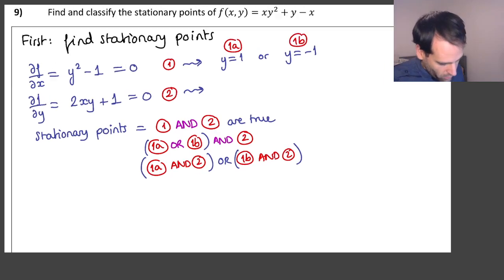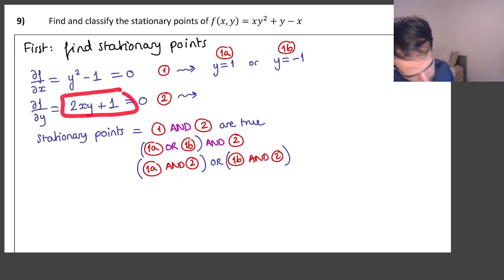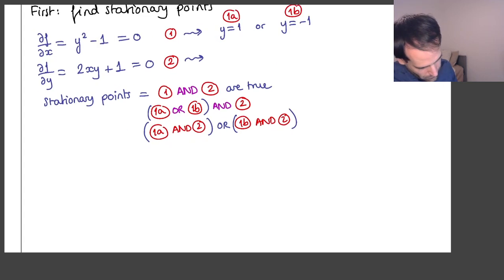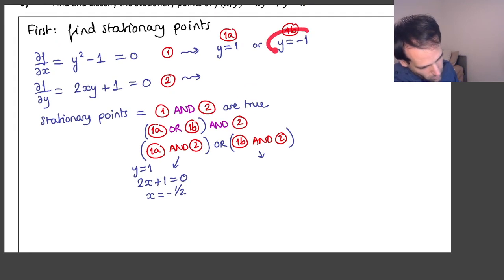Let's check the first possibility, when 1a and 2 are true. So y equals 1 is 1a, and we substitute it into 2, and we find 2x plus 1 equals 0, which leads to x equals minus a half, and y equals 1. Remember, we substituted y equals 1. The other possibility is that 1b is true, so y equals minus 1, and at the same time 2 must be true.